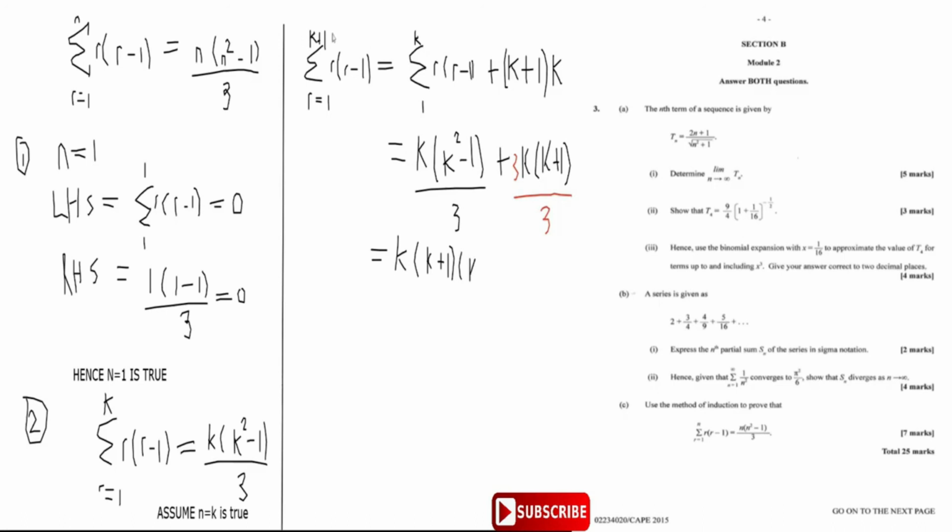So what we really have now is k times k plus 1 times k minus 1 plus 3 times k plus 1, and all of this is being divided by 3.